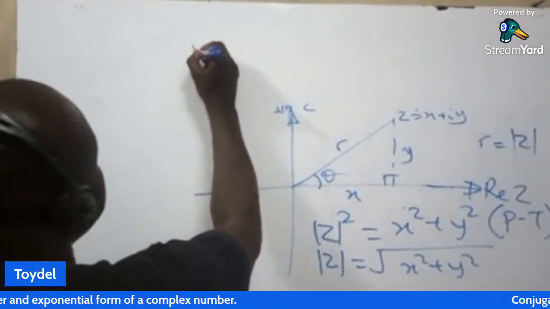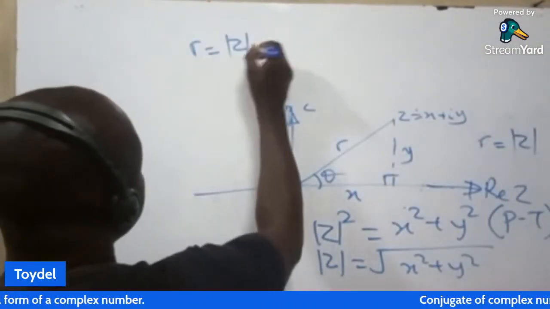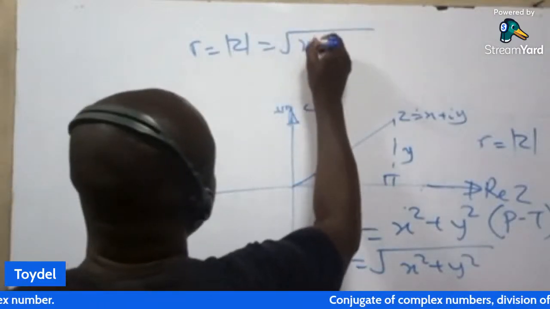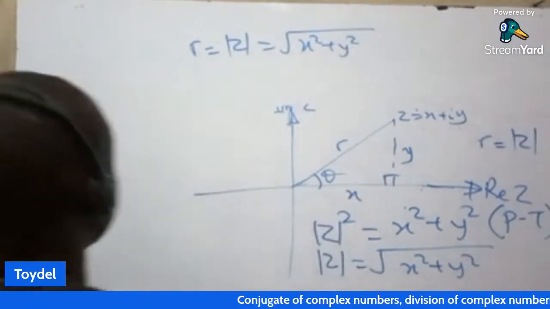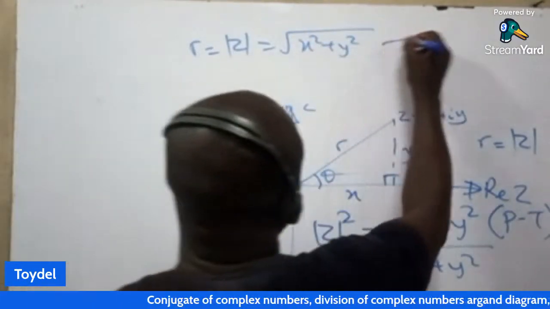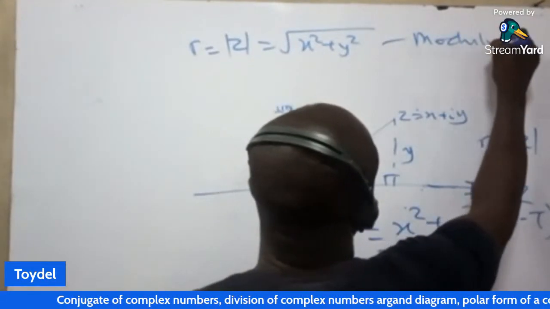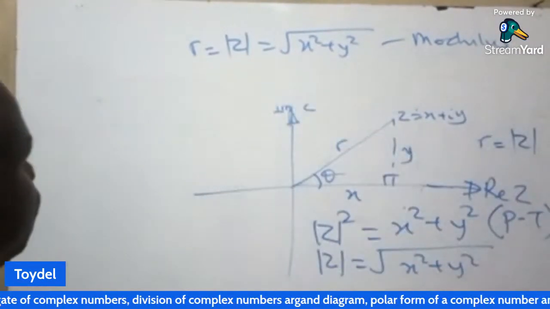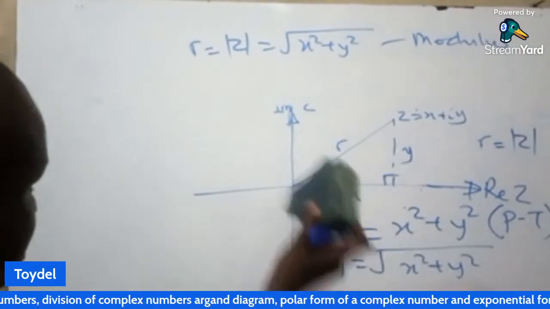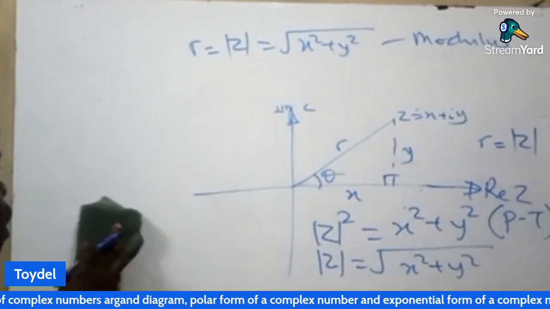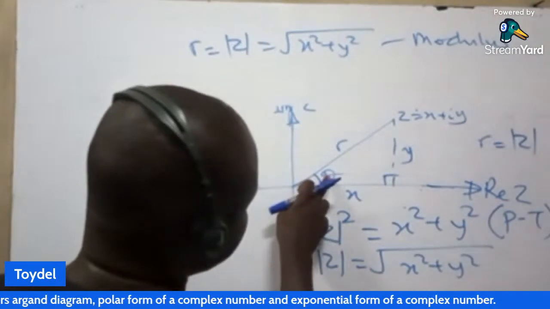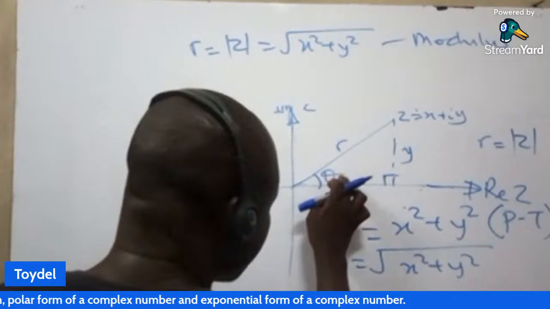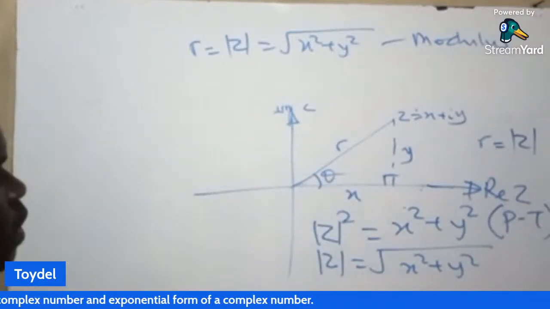So from there, we can say r is equal to the modulus of z, which is equal to the square root of x squared plus y squared. This is called the modulus when we have the standard form. Not only that, look at this angle theta. If you want to find this angle theta, we are going to use SOHCAHTOA.